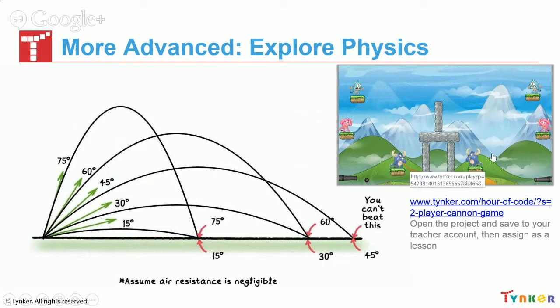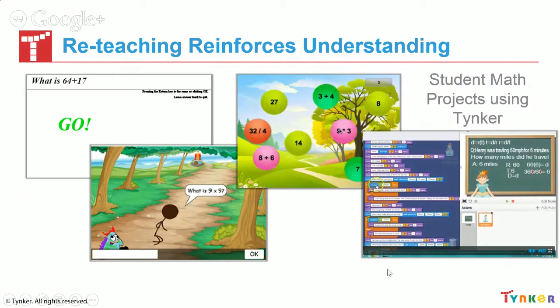But if you went into this project and took out all of the characters and just played with the cannon, you could have students experiment with these angles based on the trajectory of the ball that comes out of the cannon. So it's a great way to bring to life some of the principles that you're trying to introduce in the classroom about angles, arcs, and distance.